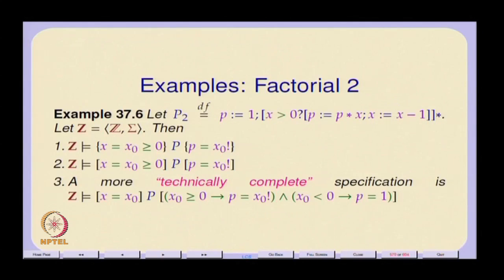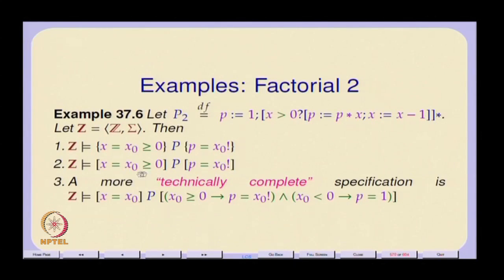I mean, that subtle difference between partial and total correctness has to be maintained. However, this specification is not technically complete. It's not technically complete in a certain sense, which is that it only gives you half the story.